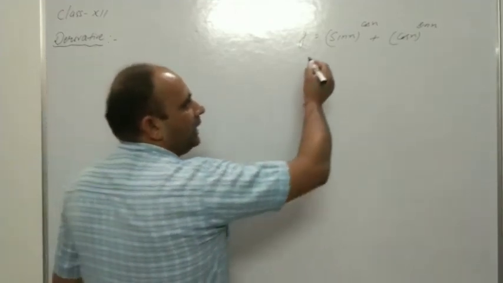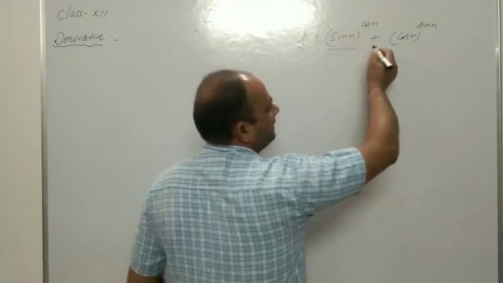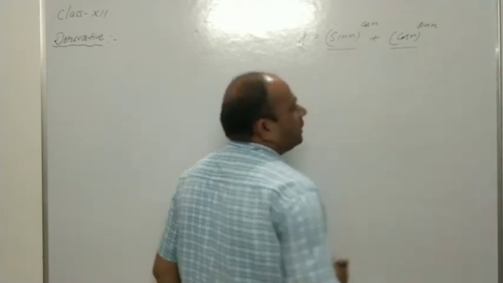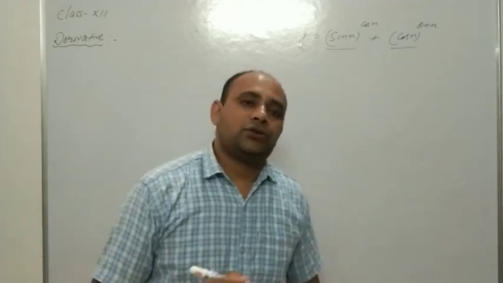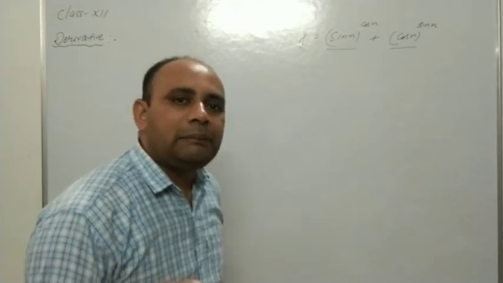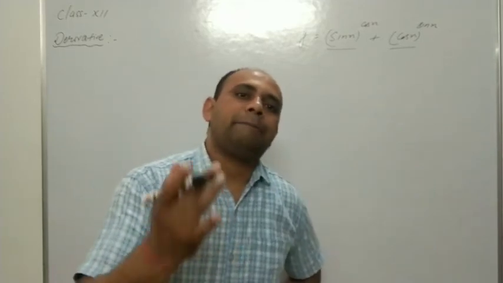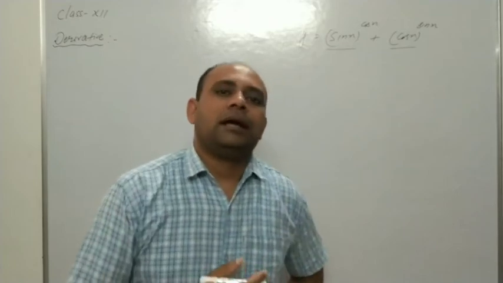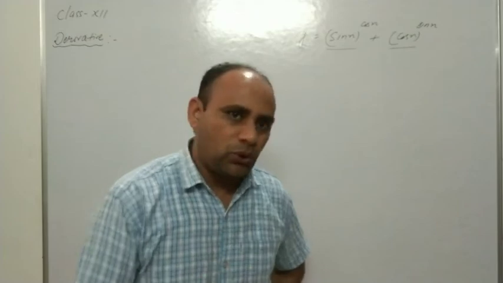Now we have y is equal to sin x raised to power cos x plus cos x raised to power sin x. Dear student, you know the property of log in multiply or in divide: log mn is log m plus log n, and log m by n is log m minus log n.